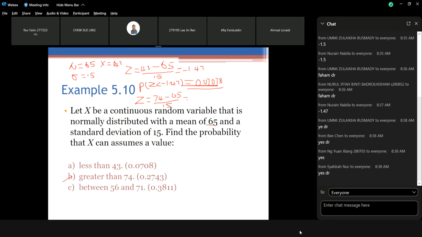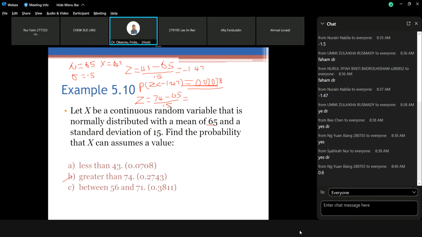What is your Z value, students? 0.6. So you will now say P of Z is greater than 0.6.